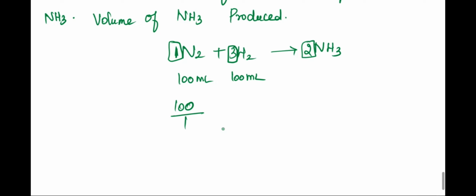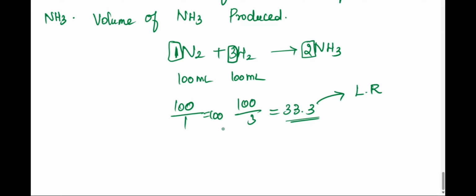For example, 100 by 1, here 100 by 3. Which will give you the least number? Here I am getting 100, here I am getting 33.3. Then that should be taken as the limiting reagent, because it will get consumed first to give the product. It stops the reaction. Okay, so it is the limiting reagent.